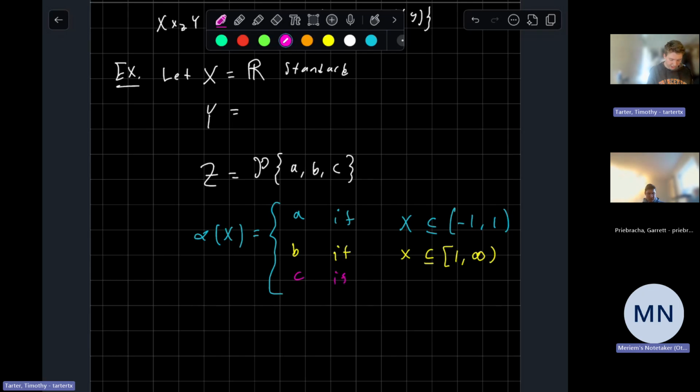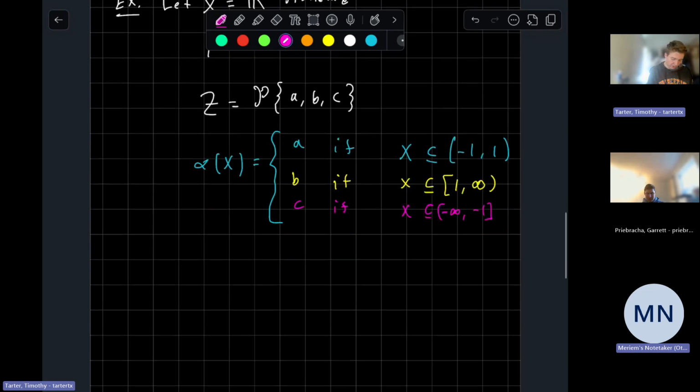And then C if x is in the interval from -infinity exclusive to -1 inclusive.